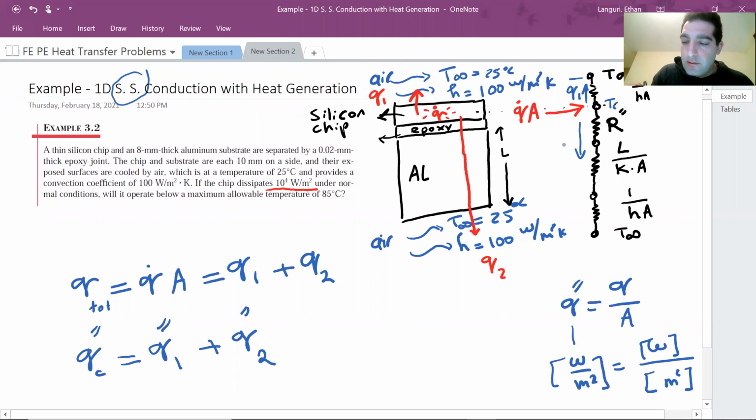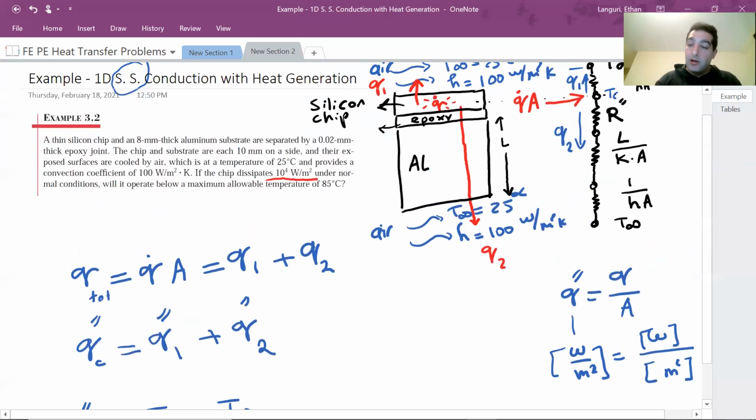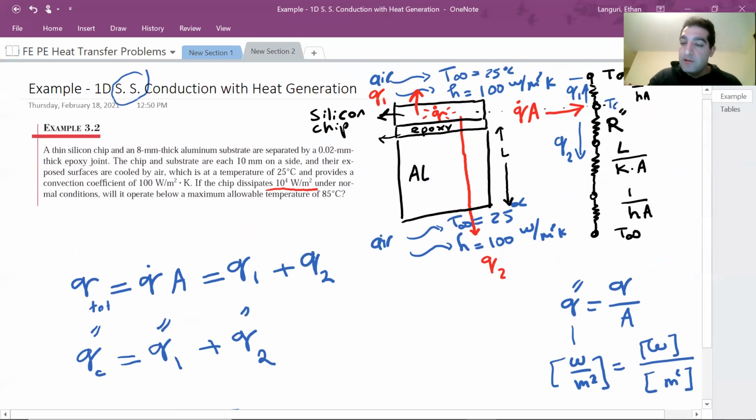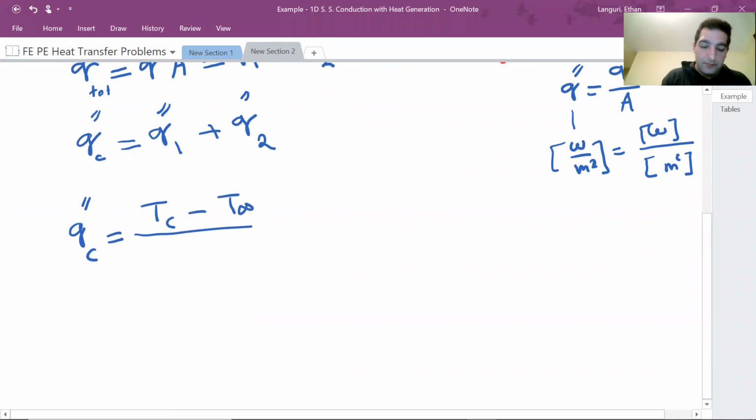So instead of Q1, I am willing to write delta T, chip temperature minus T infinity, divided by the resistance I have in between, which is nothing but this convection resistance, which is 1 over H. And remember, since I'm showing heat flux, I'm going to drop the areas from the resistance. Instead of 1 over HA, I'm putting 1 over H.